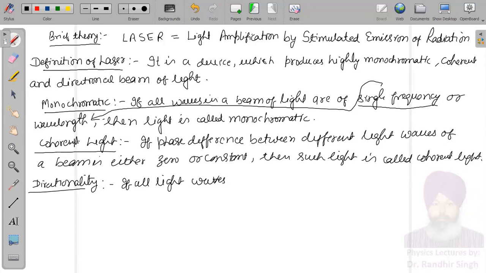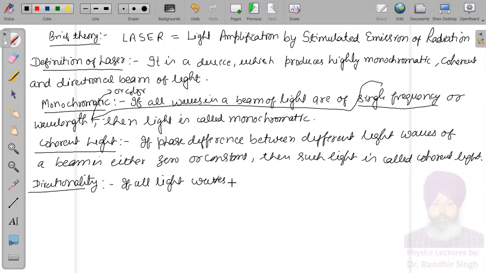I could have written here or color, because whenever frequency is single, then wavelength is also single and color is also single. You took it grammatically. I am talking in terms of scientific thinking, but both of us have the same concept in our mind. Whatever I am speaking, you were correct.